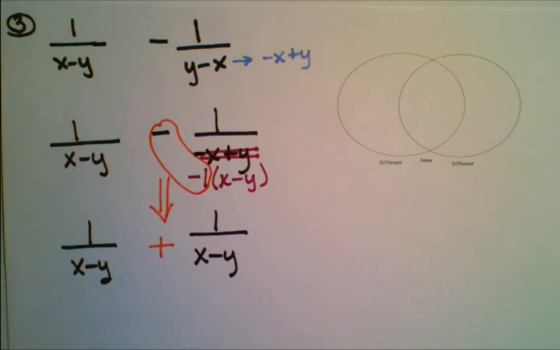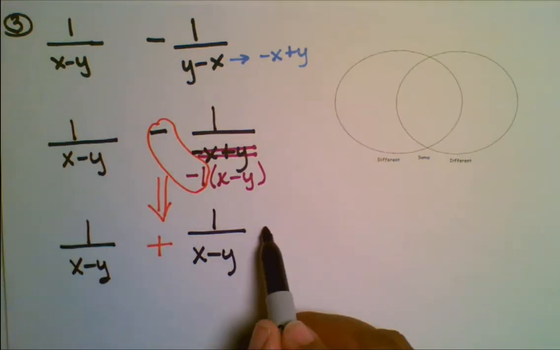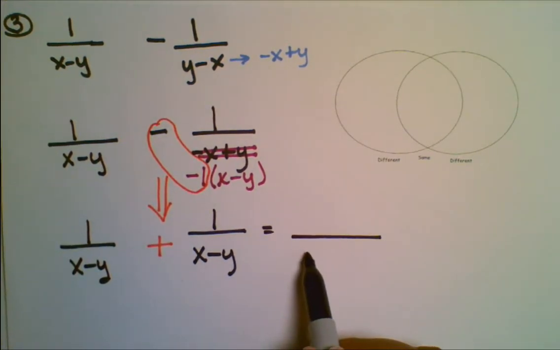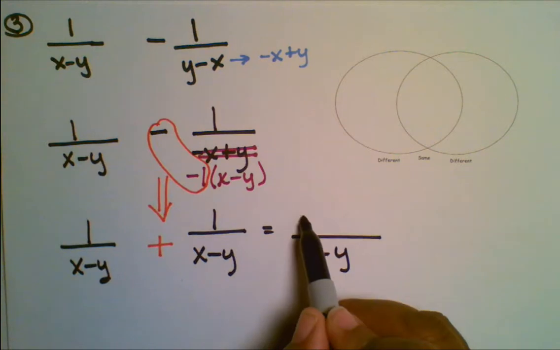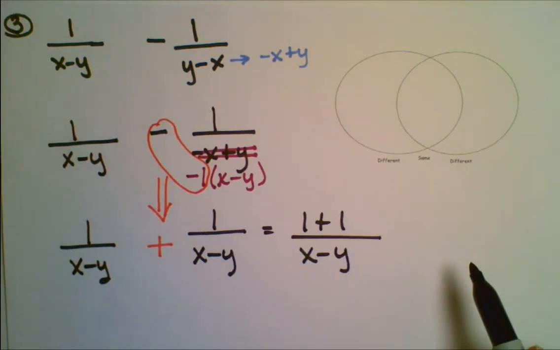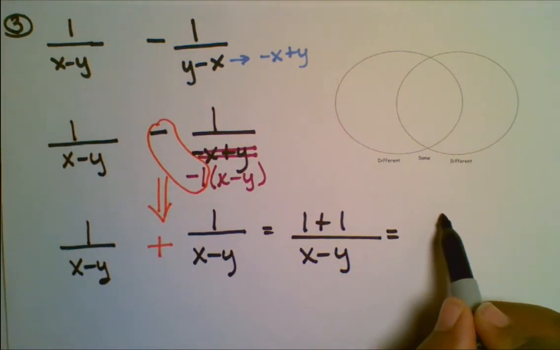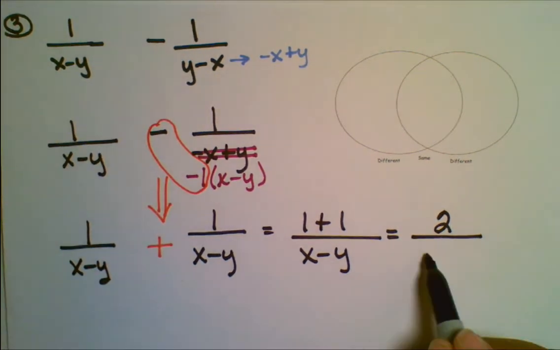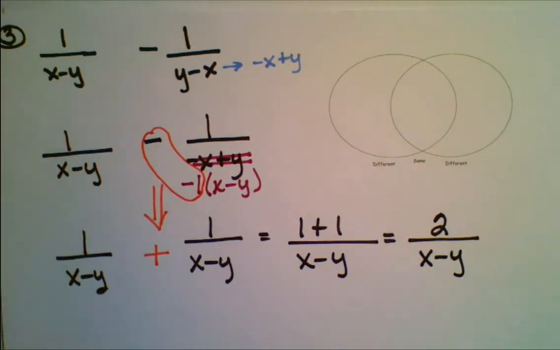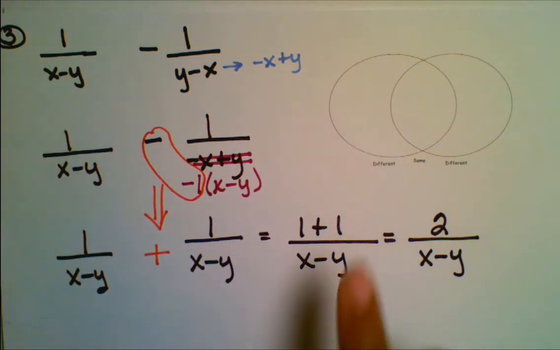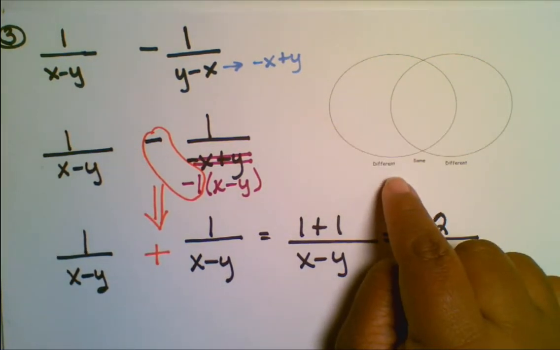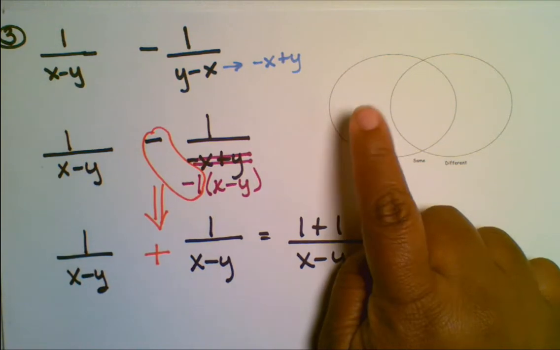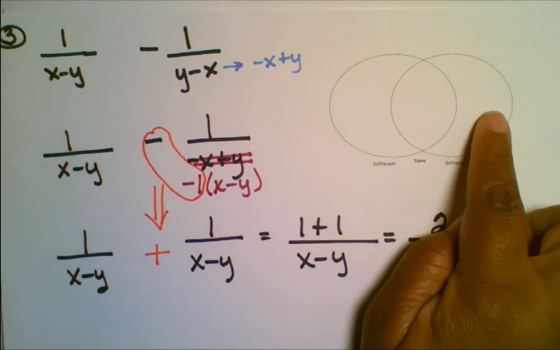We have a common denominator now. That is x minus y. Bring together the numerators, 1 plus 1, and then our solution is 2 all over x minus y. So the Venn diagram really wasn't needed, but you could have used the Venn diagram where the first circle would have been x minus y, the second circle would have been y minus x.